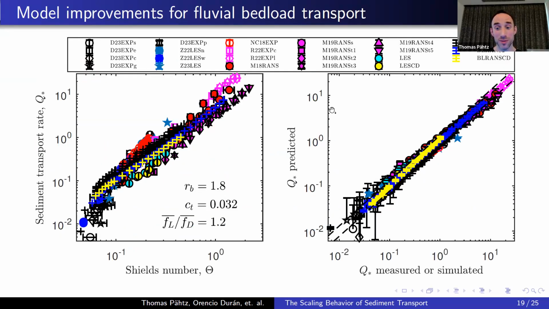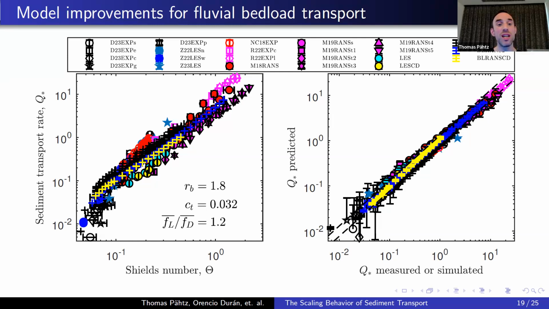So what we achieved is we were able to describe all these data from all these different methods and different conditions, almost all within a factor of just 1.3, by using 3 values of these model constants which I just introduced: the RB for the bed friction relative to surface friction, and the parameters related to the drag law, the CD, and the lift to drag ratio. Here on the left-hand side is the data of Q star as a function of theta, to see how much it spreads.